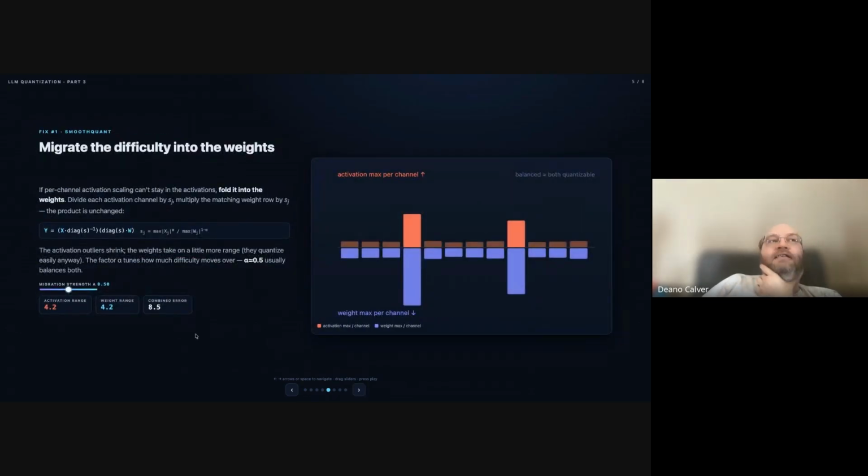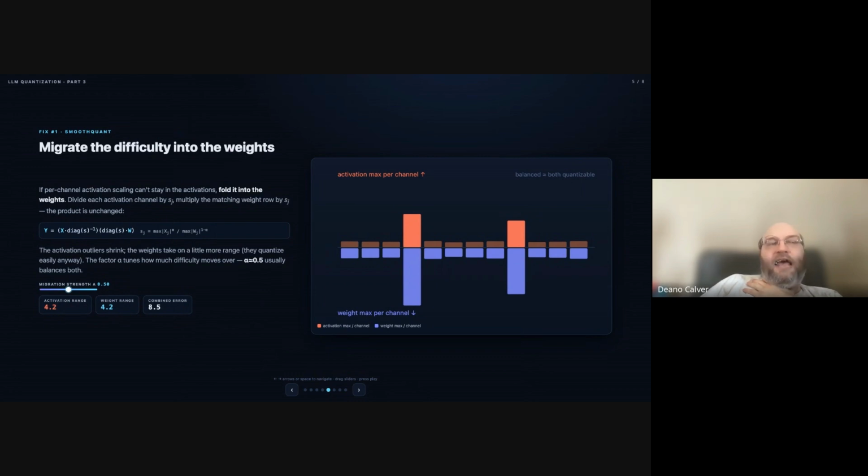So the first idea to fix this, and it's important to note we can't do anything too expensive, because we can't spend a couple of hours every time a new token goes through the autoregression, is SmoothQuant. Now this algorithm is a weird one, but it makes sense in a kind of weird way.